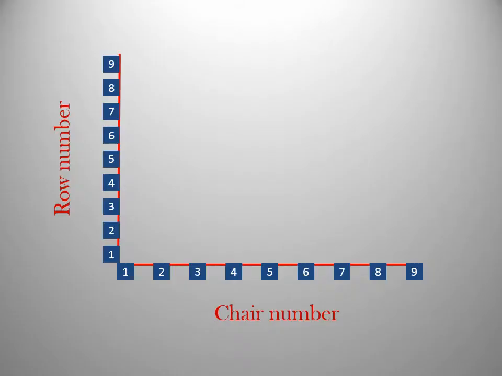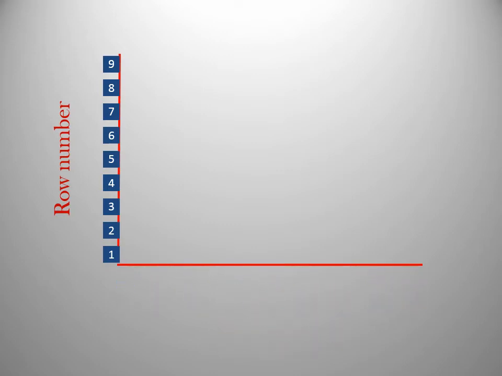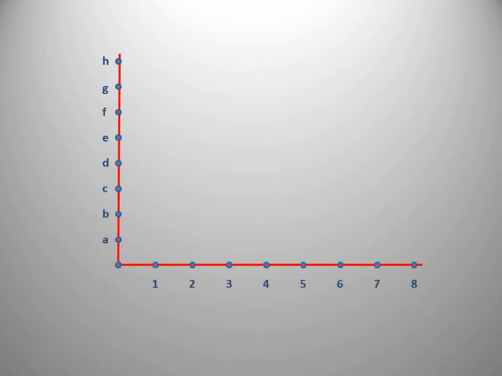Here is the cinema hall, and in the horizontal line we have the chair number, and in the vertical line we have the row number. If I replace these two data with 1, 2, 3, 4, 5, 6, 7, 8, and the column numbers will be A, B, C, D till H. Okay?